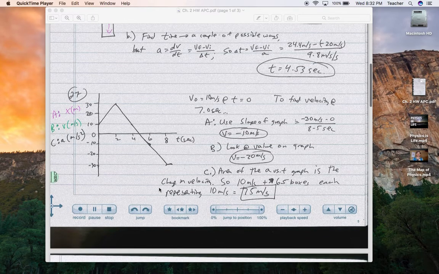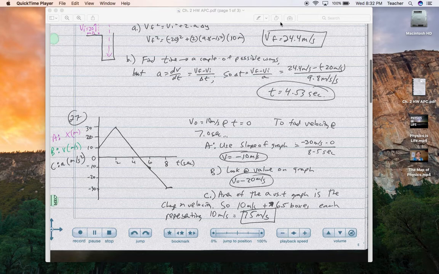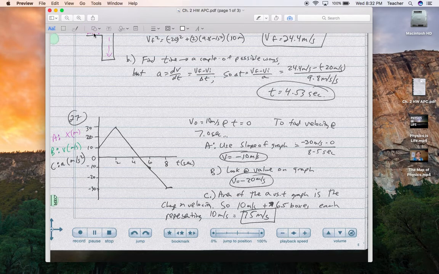For C, it's a little bit more complicated. Essentially what we need to do is look at the area of this graph. So we're looking at the area in here. It's a positive area, and we'll be subtracting off the area down. The area down there is a negative area.